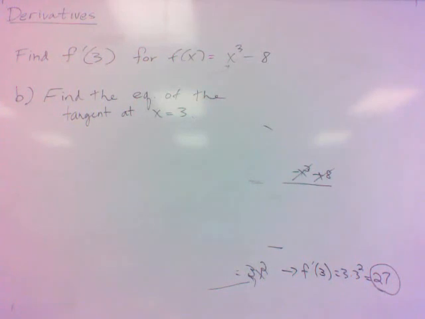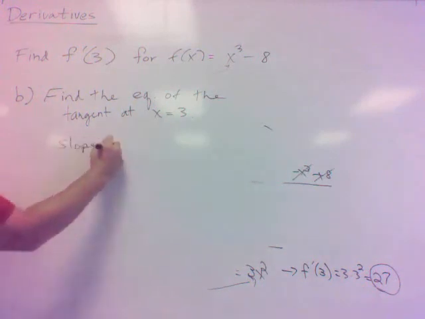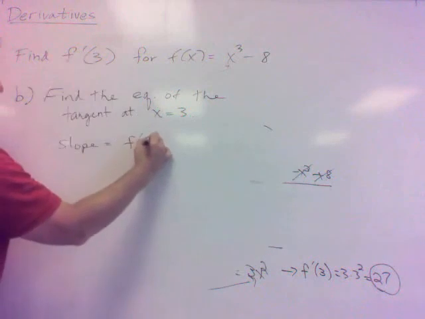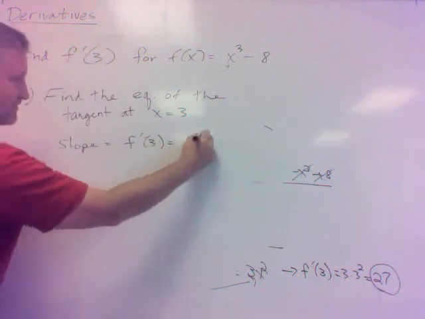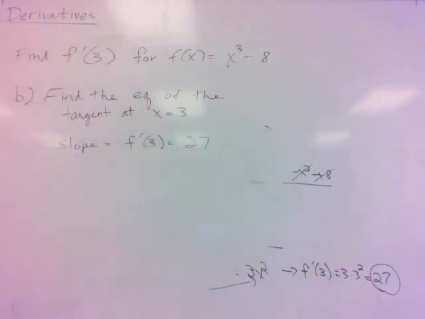Okay, how do I do that? Well, first of all, we're talking about a line, so what is the slope going to be of this tangent line? Isn't the slope going to equal the derivative at 3, which I just found to be 27? So this one's going to have a slope of 27.